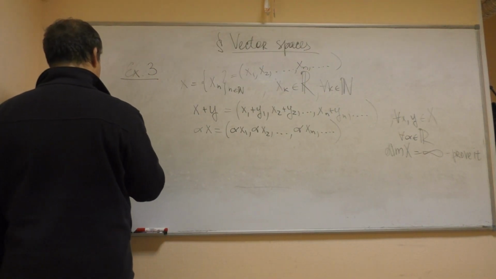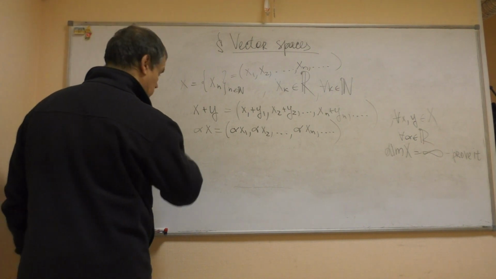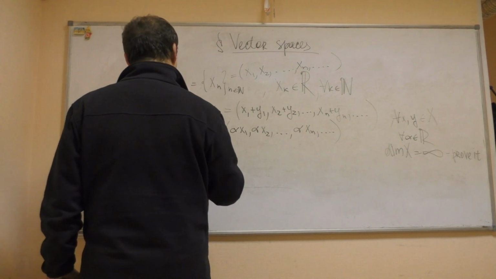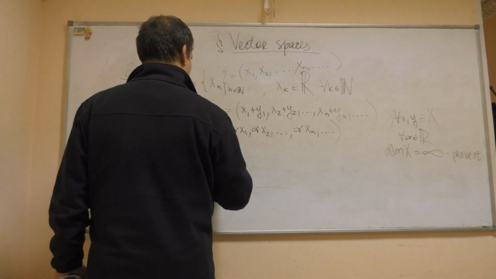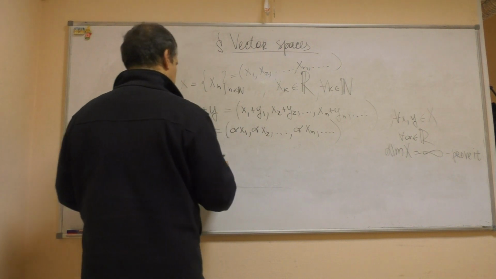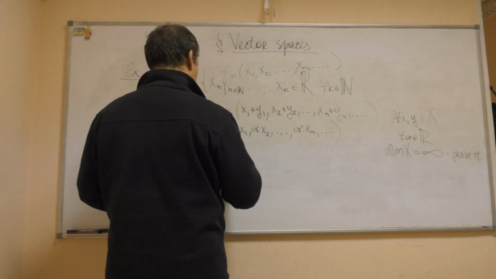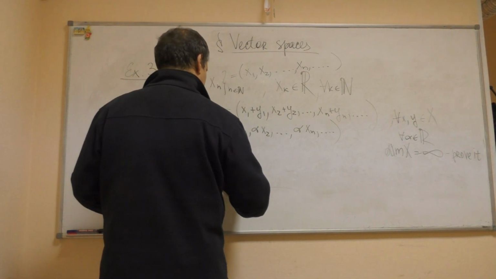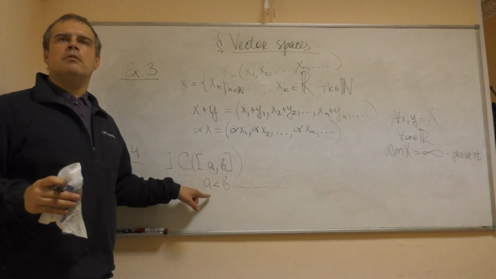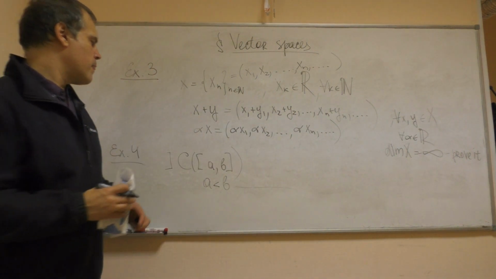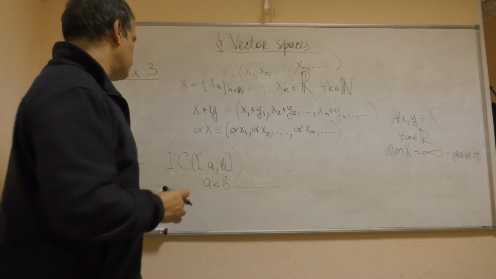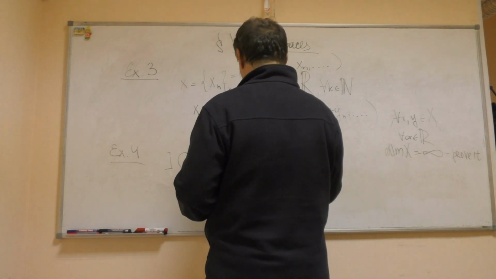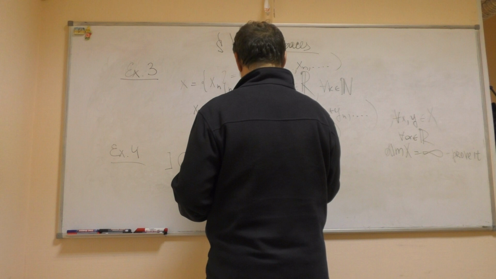And last example, let's consider the set of continuous functions on some given segment [a, b]. A and B are some real numbers, and a is smaller than b. So this is the set of continuous functions on this segment.